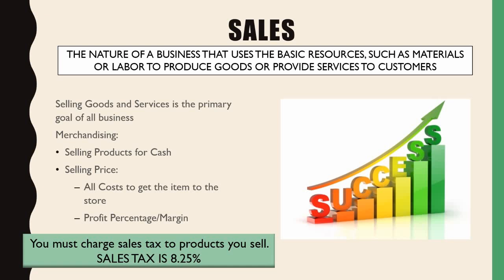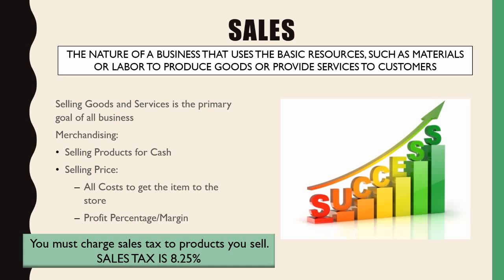Of course, with that being said, you must charge sales tax on products that you sell in the store. This also applies to what state you belong to, and not only the state, it also applies to the county you belong to. We'll talk about sales tax more in depth in QuickBooks.